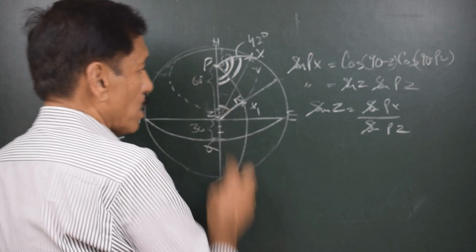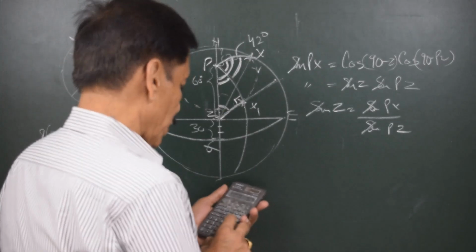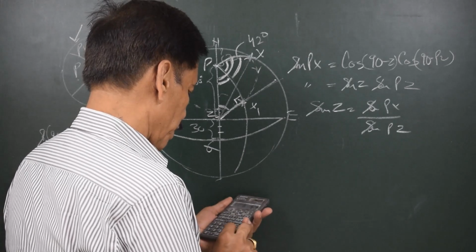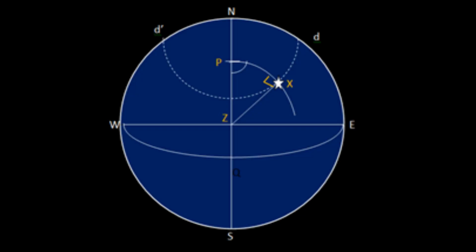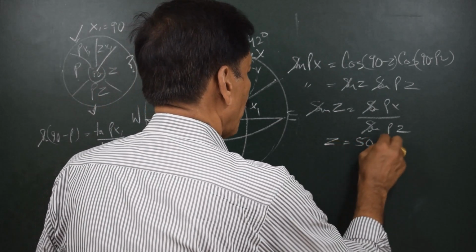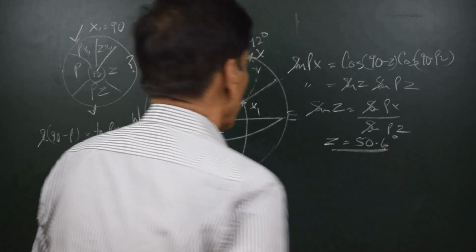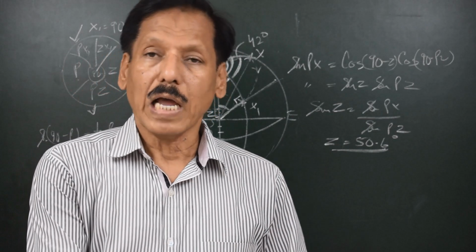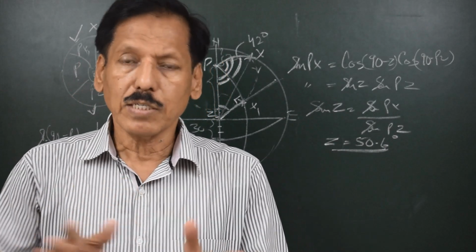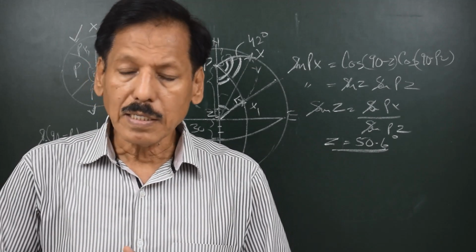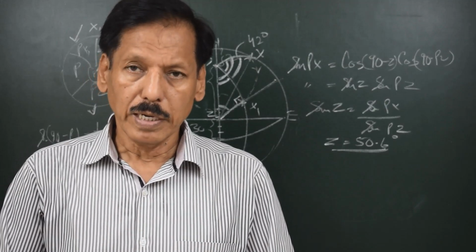So let us find out how much is this angle Z. So we have sine 42 degrees, over sine 60, which gives 50.6. So angle Z is equal to 50.6 degrees. So that is the maximum azimuth. So this is how we can do the calculations whenever the question says maximum azimuth. That means angle x or the parallactic angle is 90 degrees, and we can do the question using the Napier's rules.